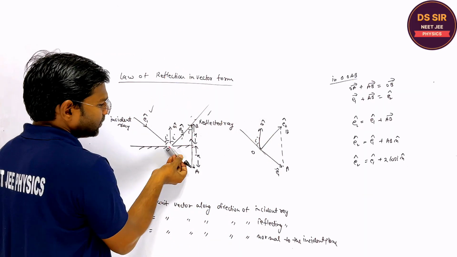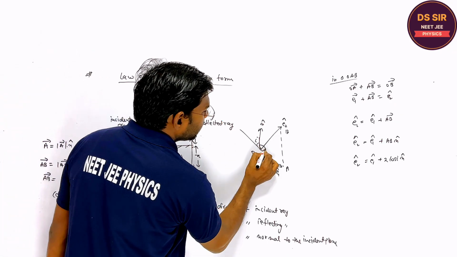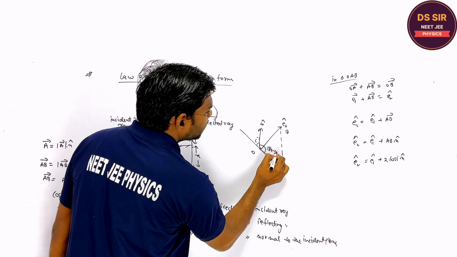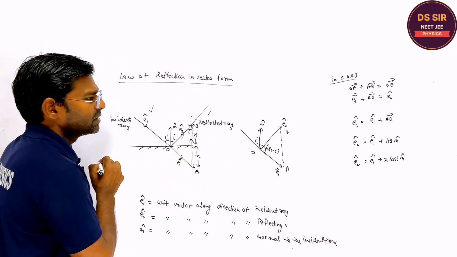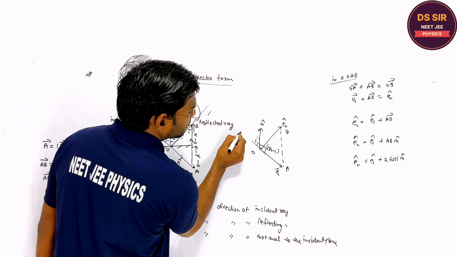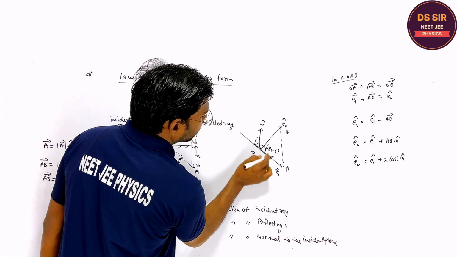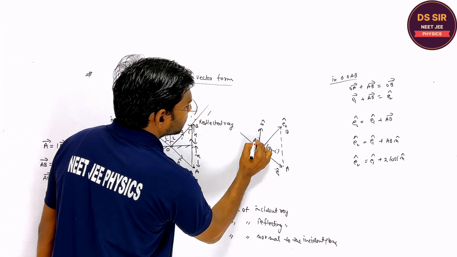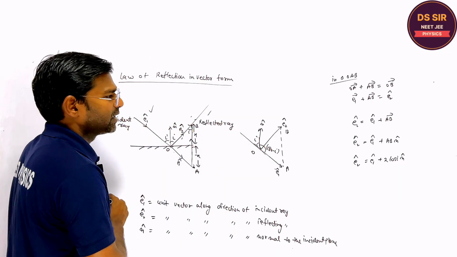This is n cap, this is the E1 cap. So what is the angle between them? Say 180 minus I. Is it clear or not?